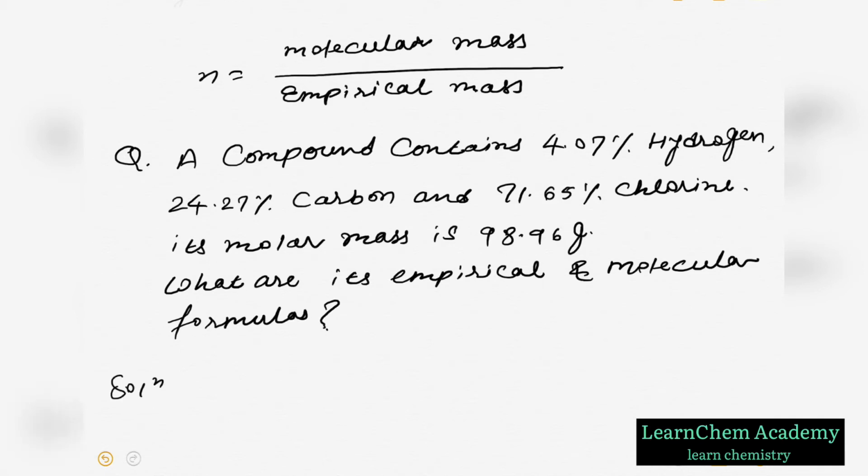Okay, so the question is, a compound contains 4.07% hydrogen, 24.27% carbon and 71.65% chlorine, and its molar mass is also given, that is 98.96. So what are the empirical and molecular formulas of this compound?